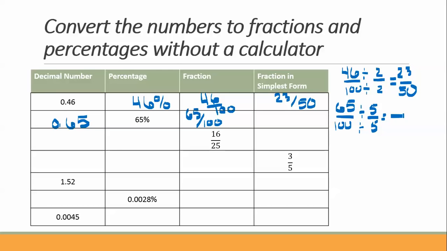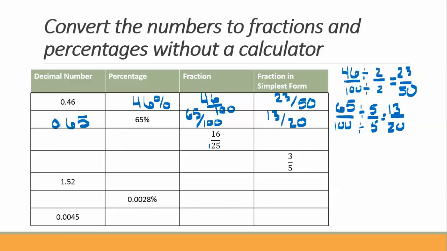We just did 100 divided by 5 was 20. 65 divided by 5 is 13. So our fraction in simplest form is 13 over 20.